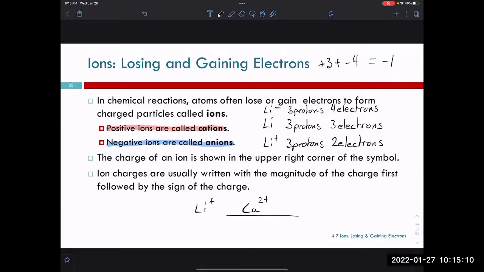So it's higher than calcium, right? It's a smaller letter at the top right-hand corner. Or if we had something that was negative, like oxygen, which usually forms a 2 minus charge. And then when there's just a +1 or -1, you just put a positive or minus.